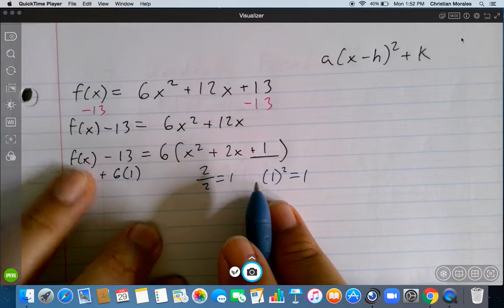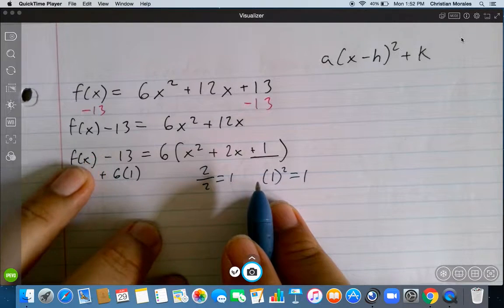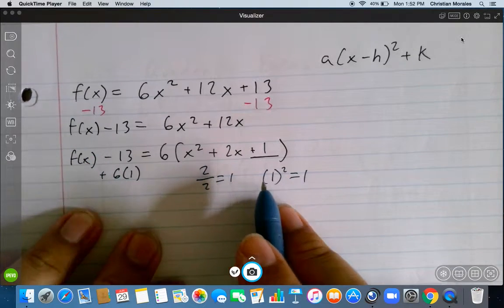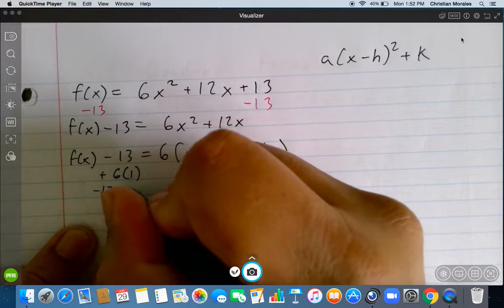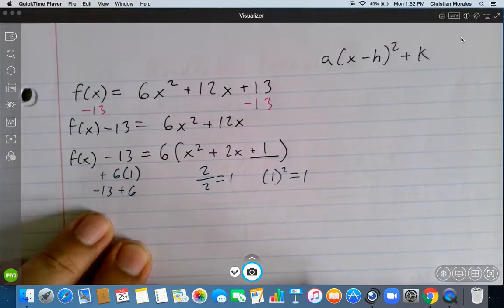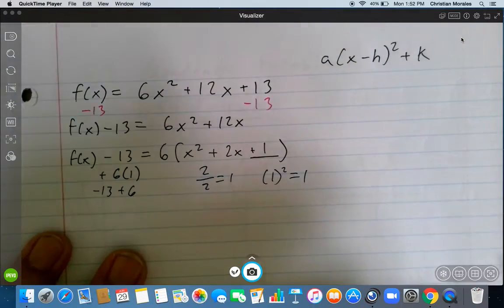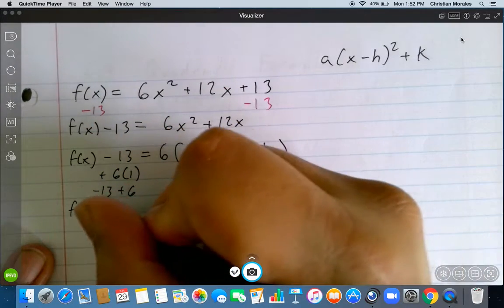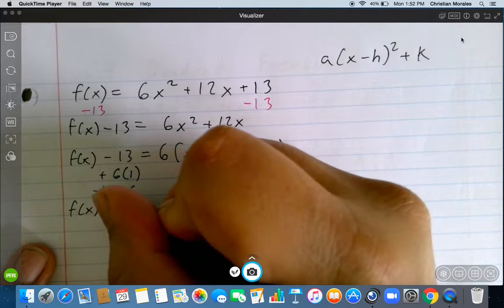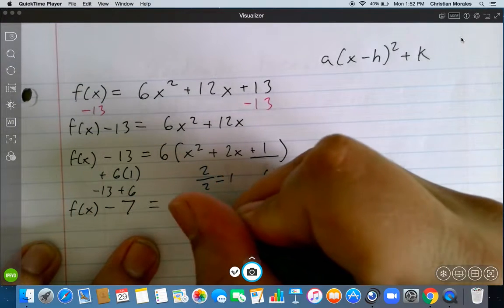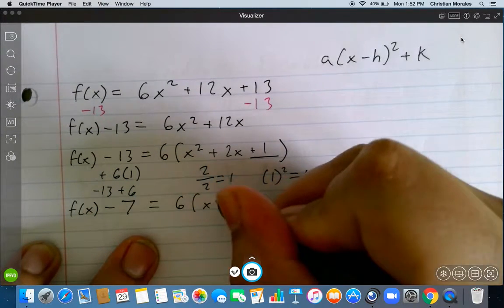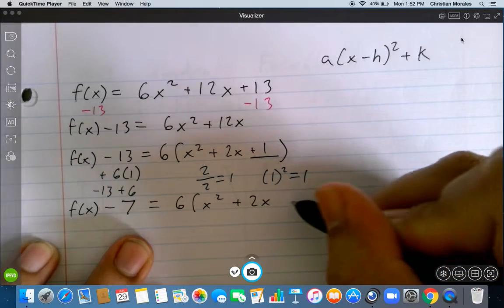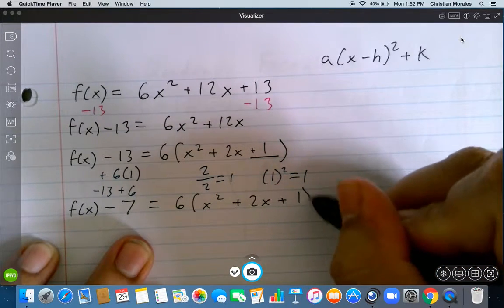So this is going to be negative 13 plus 6. Your new function is going to look like this. F of x minus 7 equals 6 x squared plus 2x plus 1.